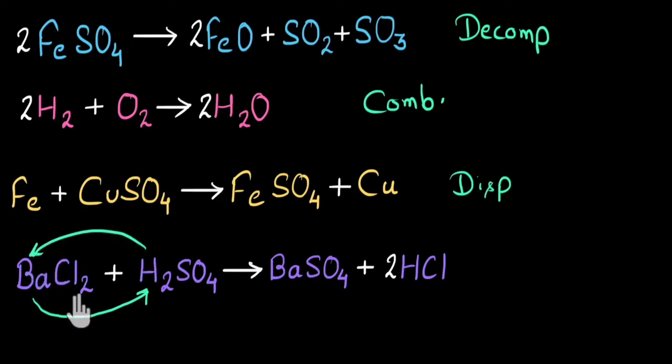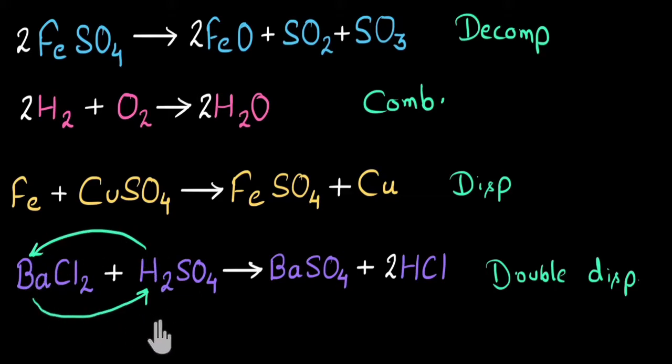It is getting combined with chlorine. Barium forms barium sulfate and hydrogen forms hydrogen chloride. That means over here in the reactants, the ions are exchanging position, and whenever that happens we call it a double displacement reaction. In this, the ions of the reactants, they exchange places.